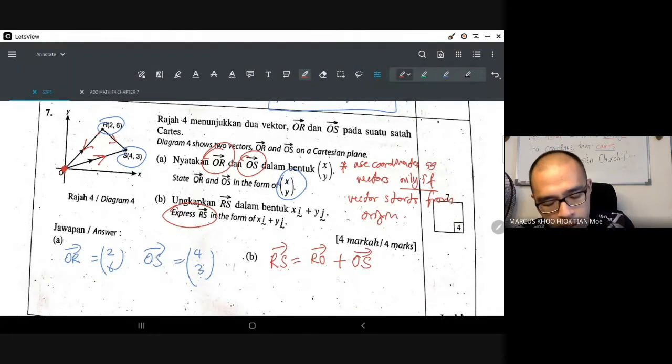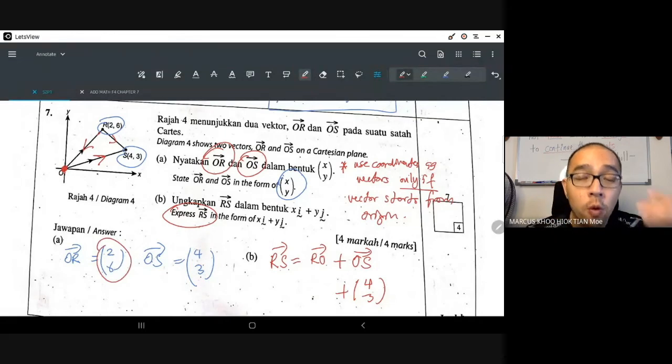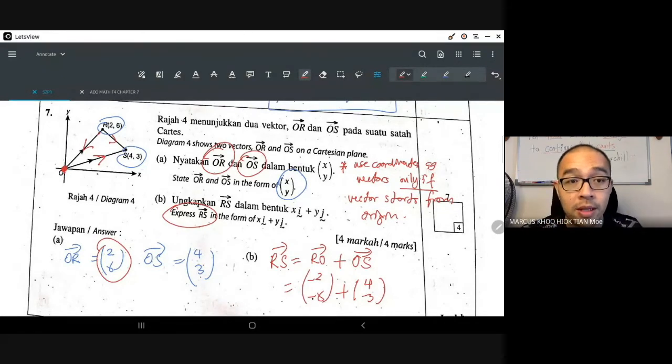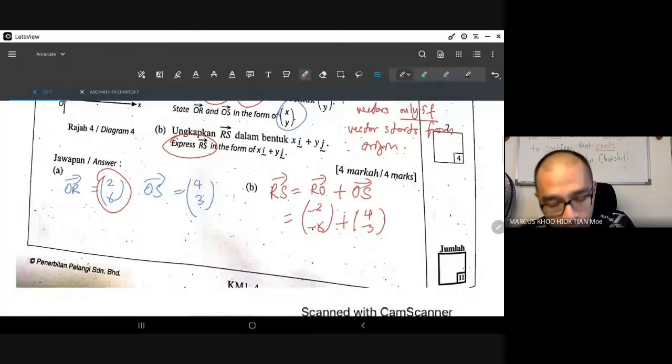Now we have OS, no problem, 4, 3. But RO is opposite of OR. If OR is 2 and 6, RO is -2 and -6. We have to change the direction. So when you add this together, -2 plus 4 is 2, -6 plus 3 is -3.